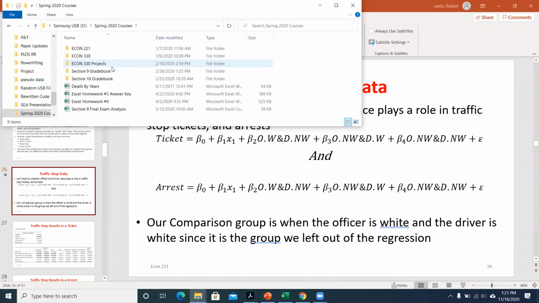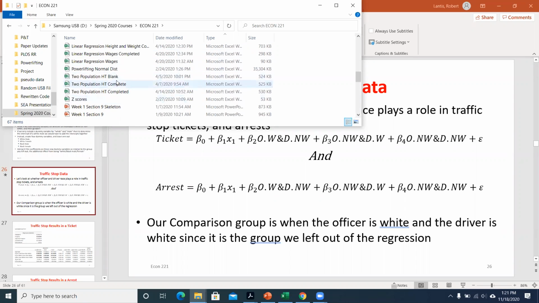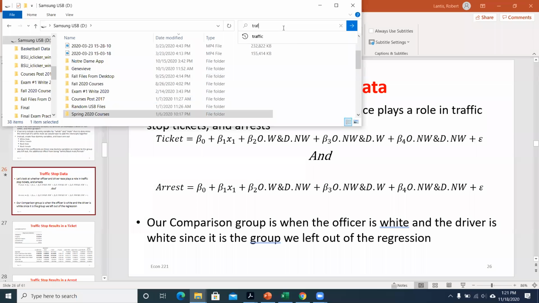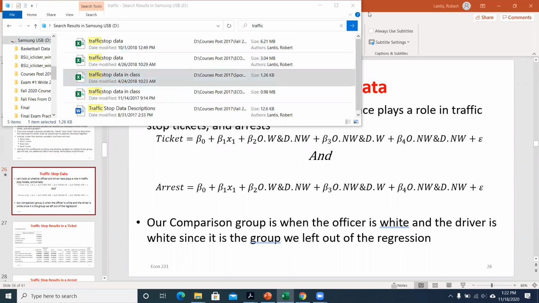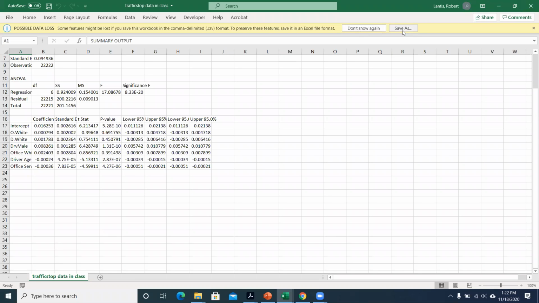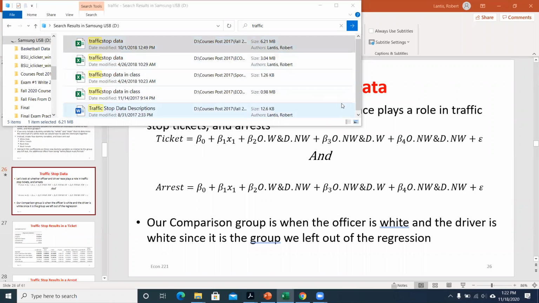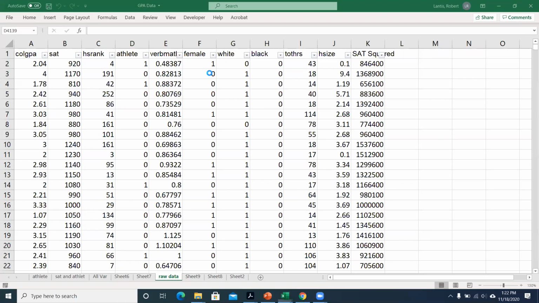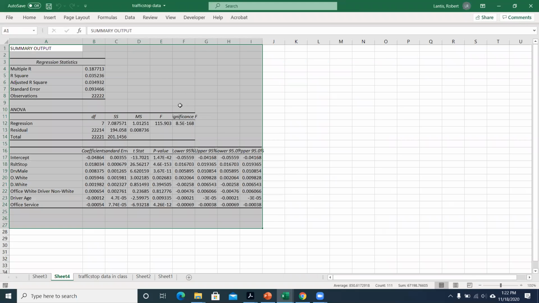I know I have it somewhere else in this drive, and it's really interesting, so I'm going to show it to you. Oh, here. Let's get that opened up. And that only opened up the results. Let's try this one. It's pretty big. It's not the one I want either. Well, maybe I'll just show you the results. I wanted to walk through it in Excel because I think it's interesting. Here we go.